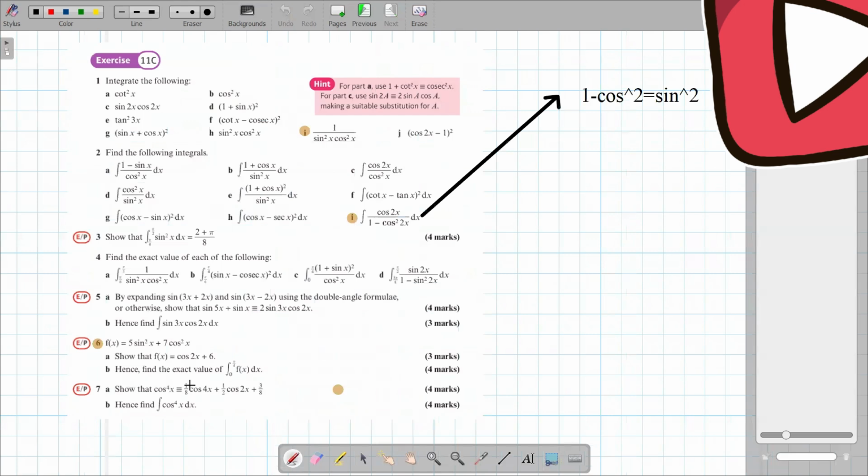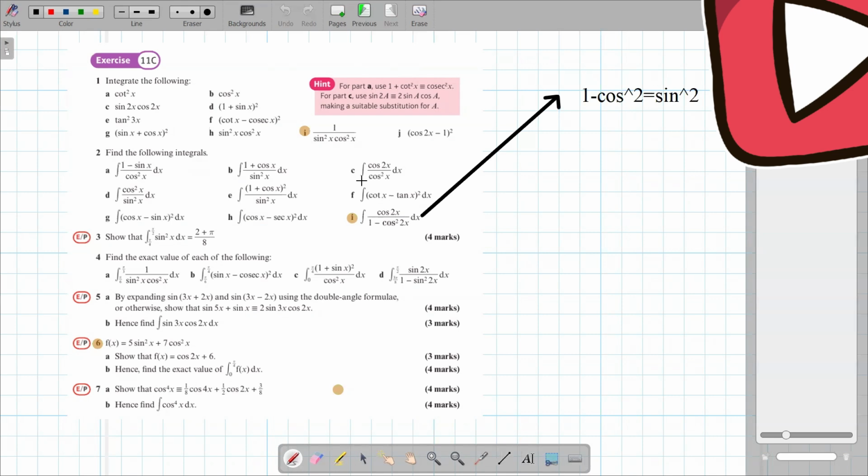Okay. So now we have exercise 11C after that. Which one? 1, A, B, C, D, E. Out of all the questions in one, did you put some markers around?